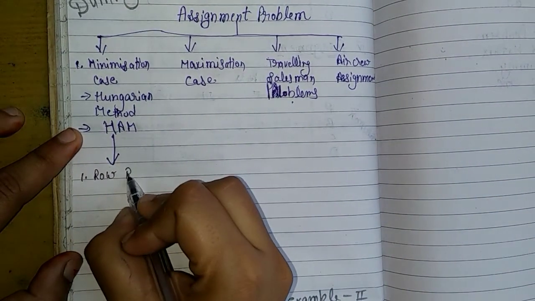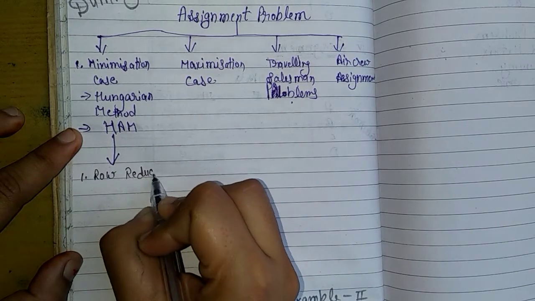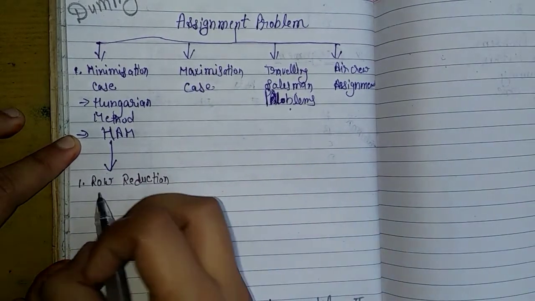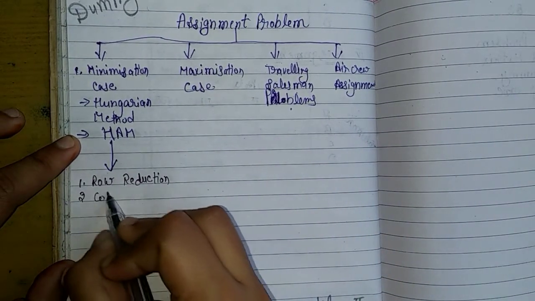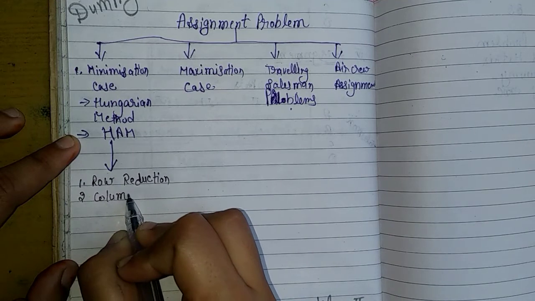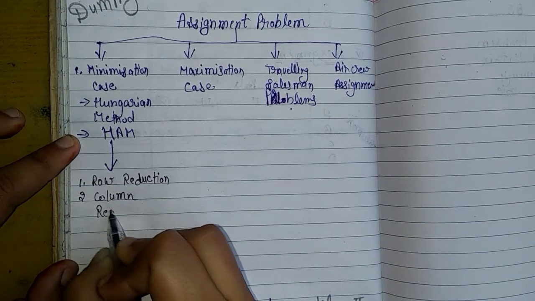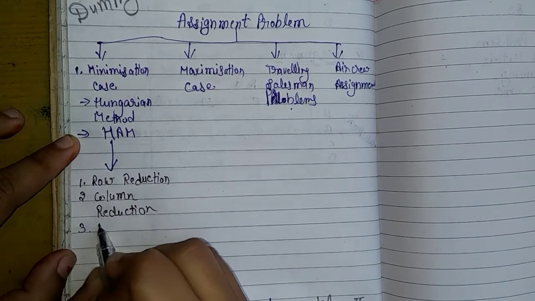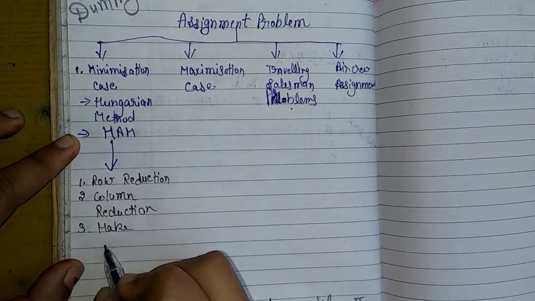Second, column reduction. Third, make assignment.